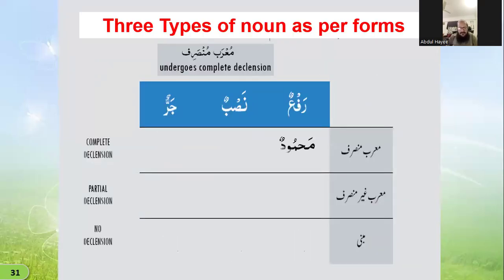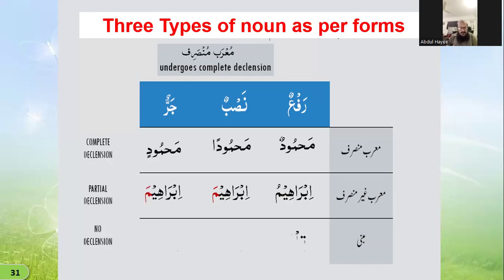The example is Mahmudun, Mahmudan, Mahmudin. It has three states: Raf, Nasb, Jar. The second group is Ibrahimu, Ibrahima, Ibrahima: two states, Raf, then Nasb, and Jar is also like the Nasb. The third example is Tilka, Tilka, Tilka: Raf is Tilka, Nasb is Tilka, Jar is also Tilka.